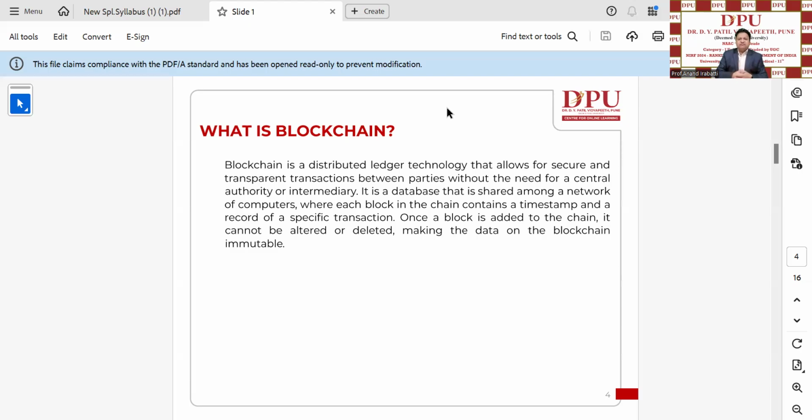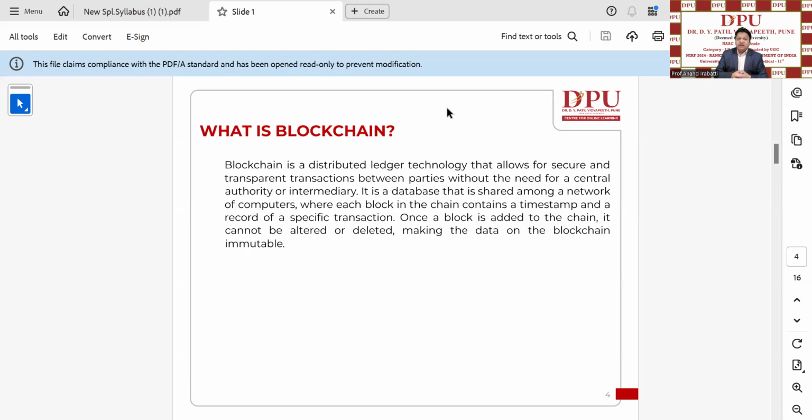So in case of a traditional money transfer, if I want to transfer money to XYZ, then I should have a bank account. And again, XYZ should also have a bank account. So here the bank is the central authority, an intermediary who will validate the transaction between me and XYZ.